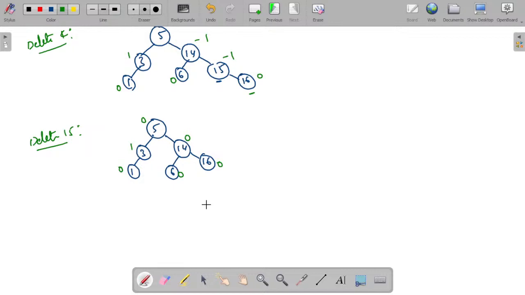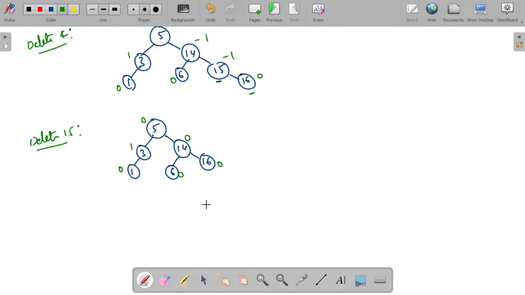And I have come up with an example problem which includes all the rotations in such a way that all the rotations are included after performing the deletion operations. If you have missed that video, do watch it. It is really beneficial for you to understand because all the rotations are included in it. This example is not giving us any rotations.